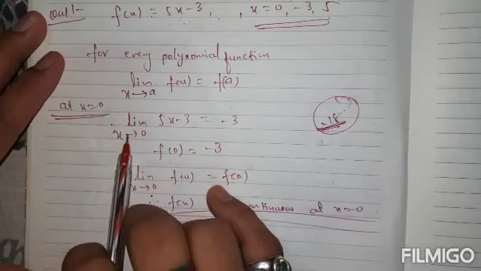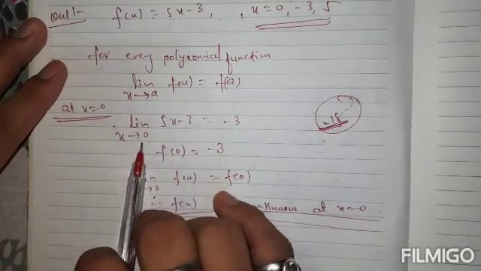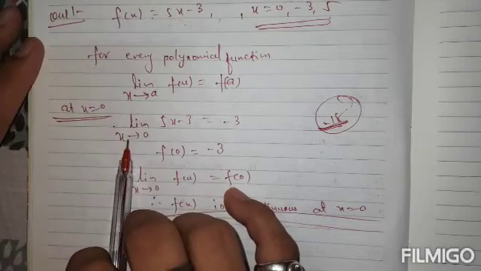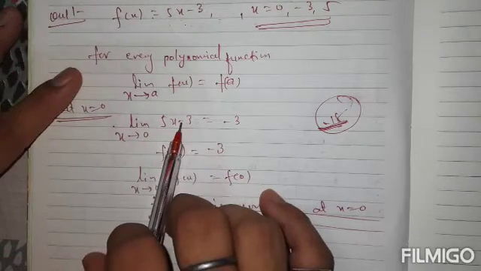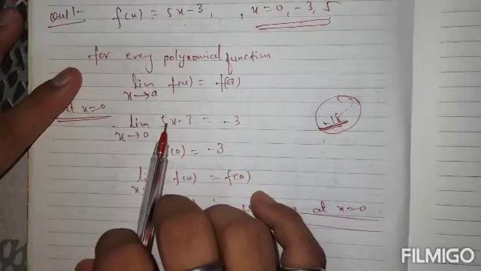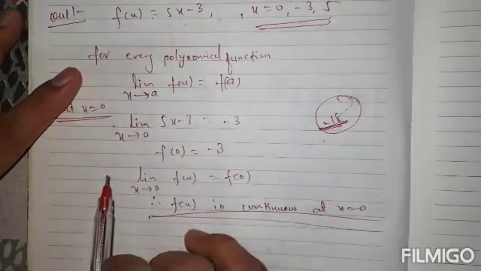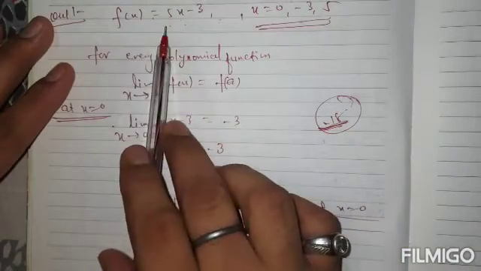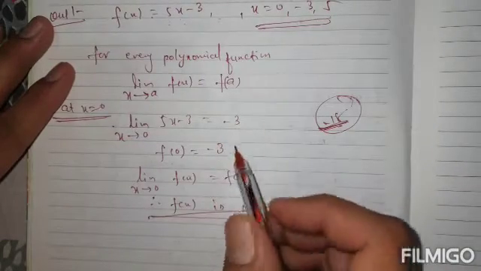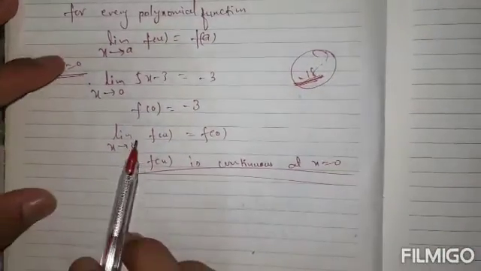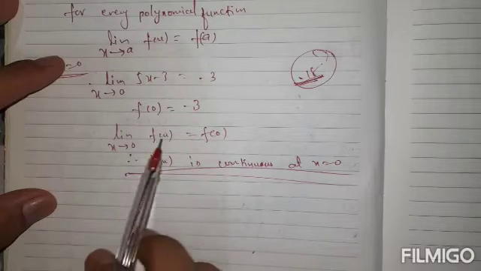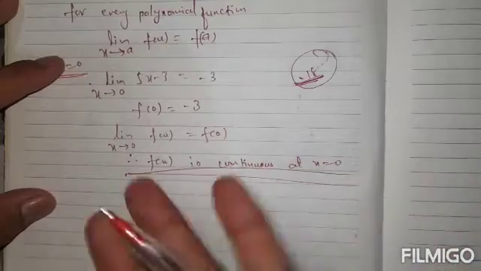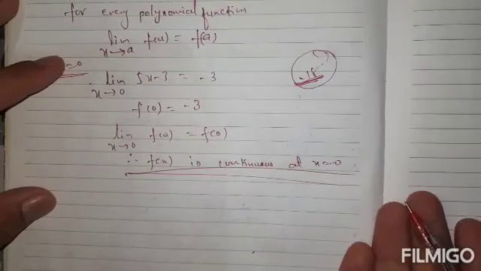For the limit as x tends to 0, since this is a polynomial, we directly apply the limit. On applying this limit, this becomes 5 into 0 minus 3, that is minus 3. And the functional value, substituting x equal to 0, also gives minus 3. That means the limit of f(x) as x tends to 0 is equal to f(0). So this function is continuous at x equal to 0.